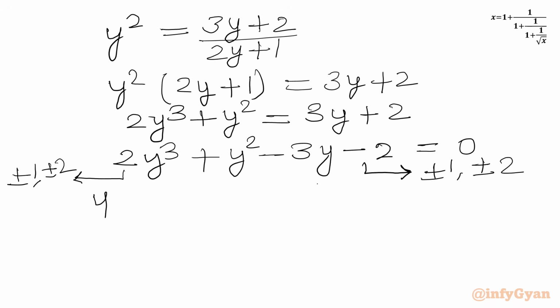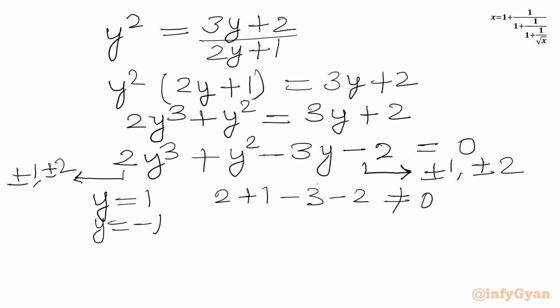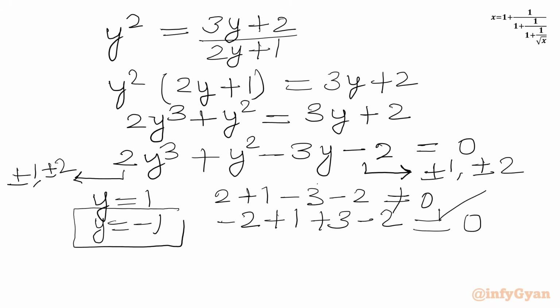If I plug in y equals 1, will it satisfy? 2 plus 1 minus 3 minus 2, no, it is not. If I check y equals minus 1: minus 2 plus 1 plus 3 minus 2, yes, 4 minus 4 is 0. So y equals negative 1 is our base solution.